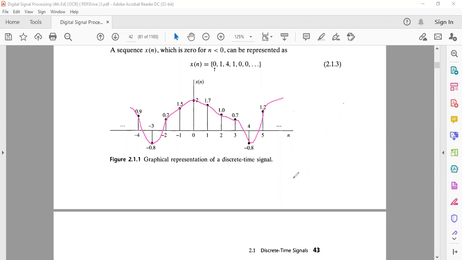Like I told you, this is a wild guess, and you can never tell if this was actually the case. You should never assume that the value between 2 and 3, if this is 1 and this is 0.7, should be something like 0.8.